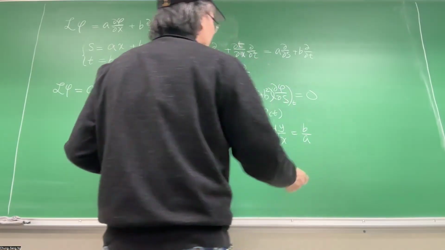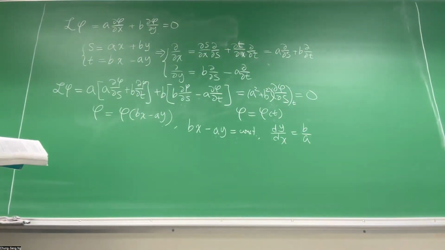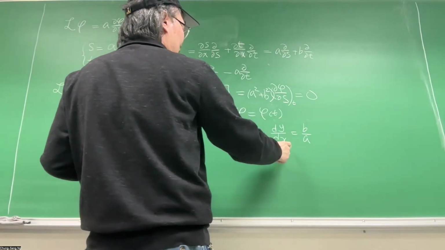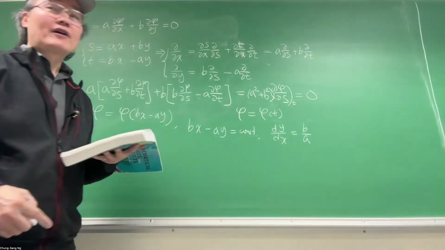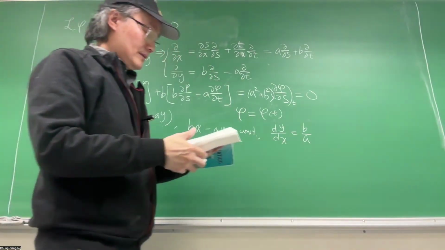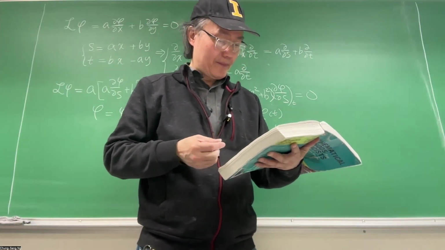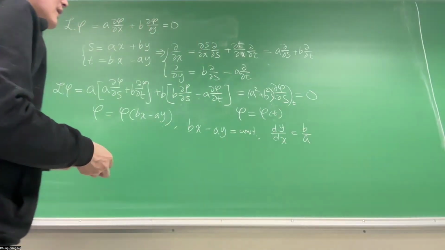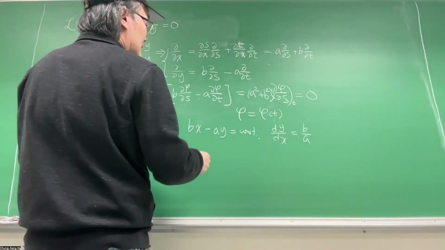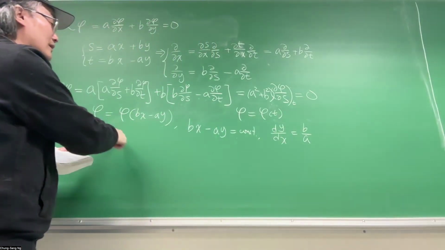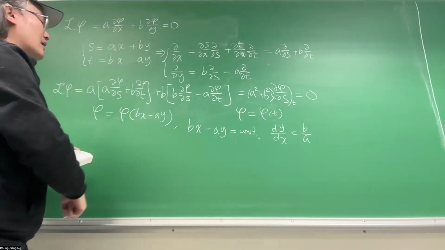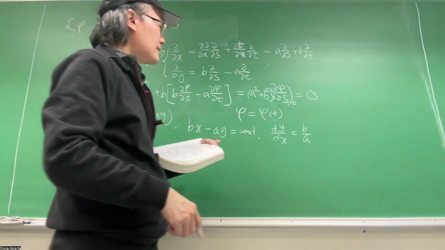It's given by a constant. In this case, a straight line. But if these are functions of x, then you can integrate that and find a curve, right? And that is called a characteristic curve. And it means that the solution is constant along a characteristic.